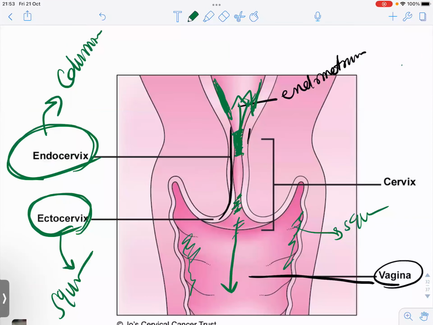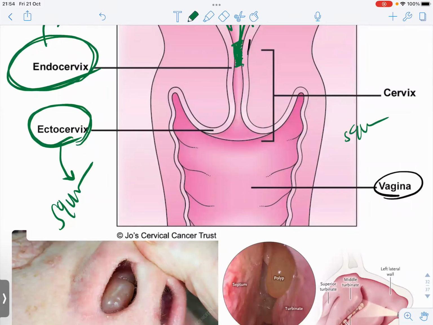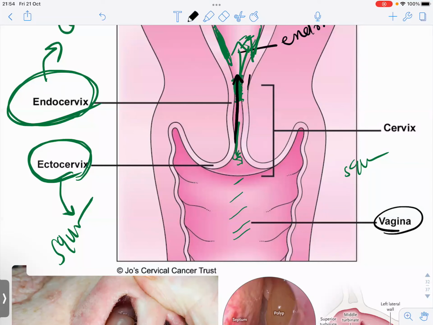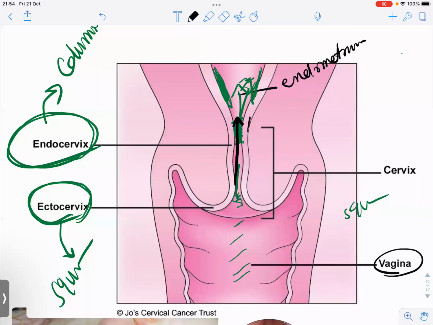So during inflammation of the cervix, if bacteria go inside and affect the endocervix, what's gonna happen? The endocervix epithelium, which is columnar epithelium, will say, "Oh my God, I have a lot of infection and bacteria.